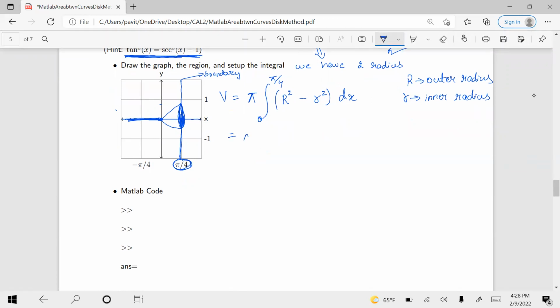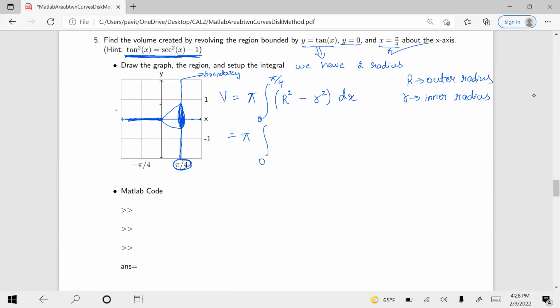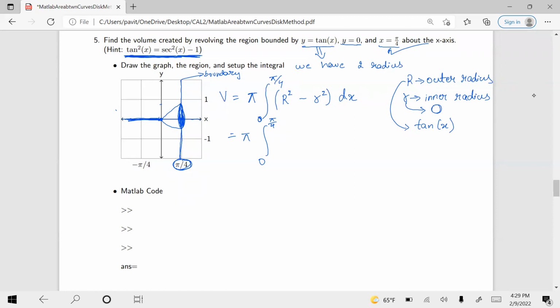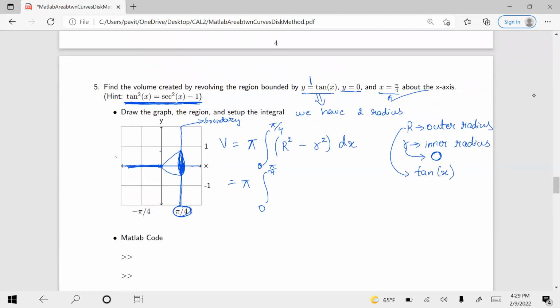Okay, now 0 to pi by 4. Now outer radius is given by tan x. Then what is the inner radius given by? Inner radius will be 0. We have two functions, where this is the capital R, this is the small r.